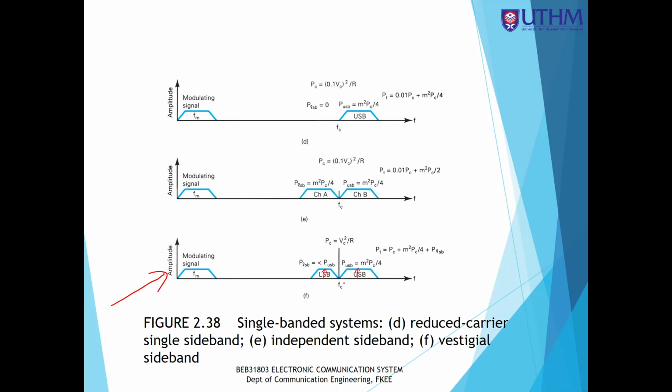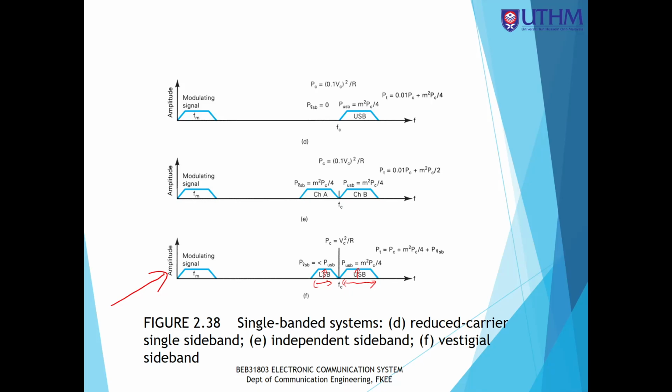And in terms of bandwidth, the distance for the upper sideband is larger for the video signal, compared to the lower sideband, which carries the audio component. So remember, vestigial sideband is used for TV broadcasting, which consists of audio and video signal.